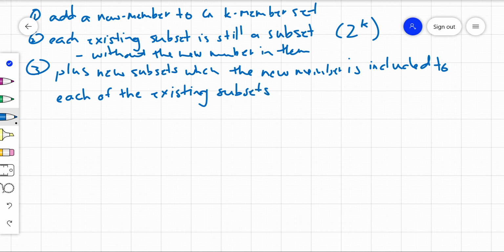So if we put that new member into each one at a time, there's 2 to the power of k, again, because they're the same groups there, there's still 2 to the power of k subsets.